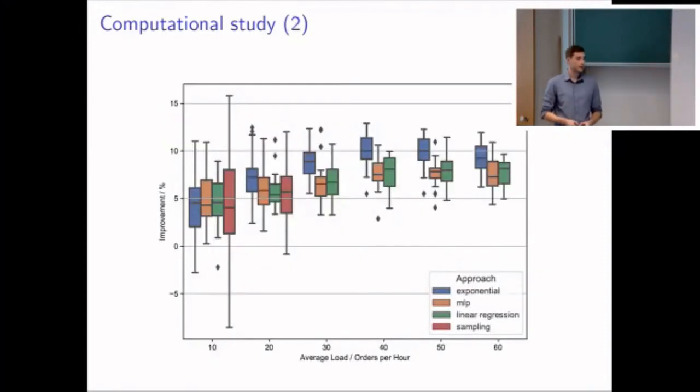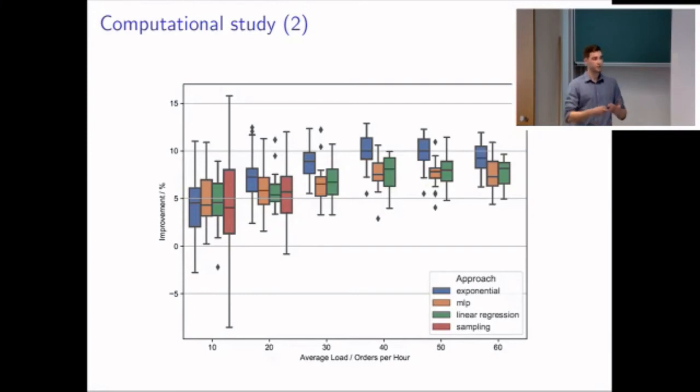What you can see here is multiple box plots showing the improvement over the myopic solutions. And you can see that we had up to 10% improvement in the median. You can also see that for loads 10 and 20, sampling performs quite similar to our approaches. And for higher loads, we couldn't compute sampling results since it just took too long.